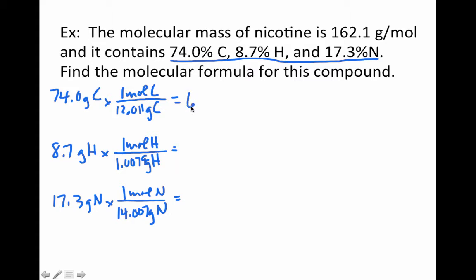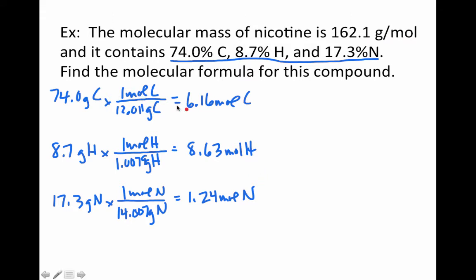So for this one I get 6.16 moles of carbon, 8.63 moles of hydrogen, and then 1.24 moles of nitrogen. Now don't forget this step where you divide each by the smallest.